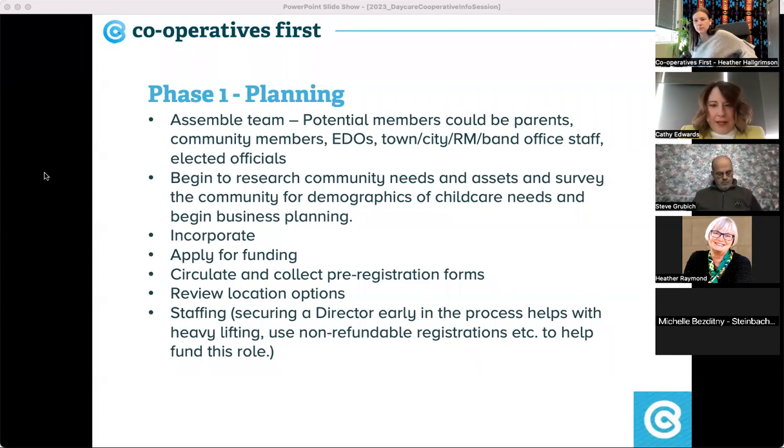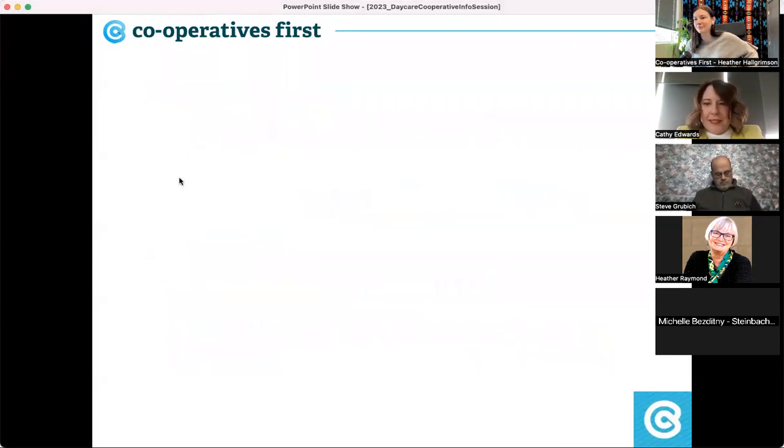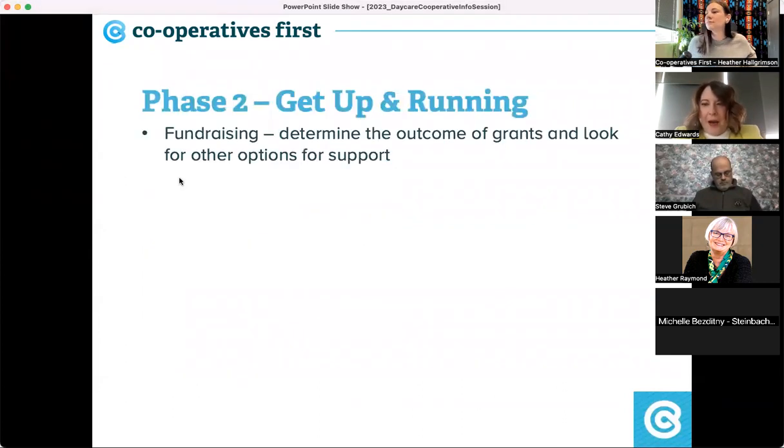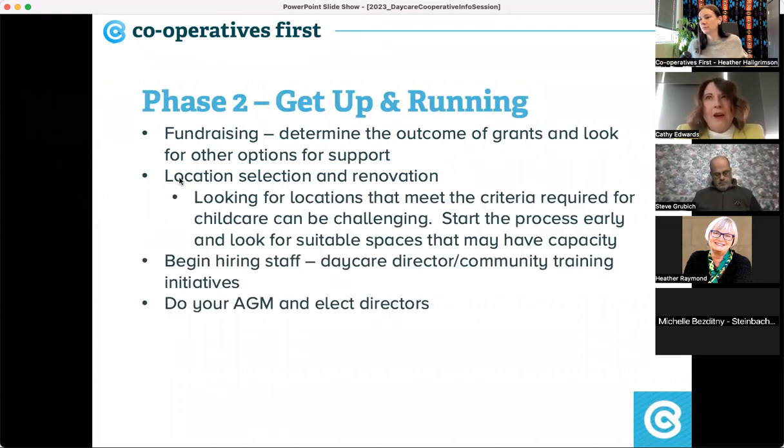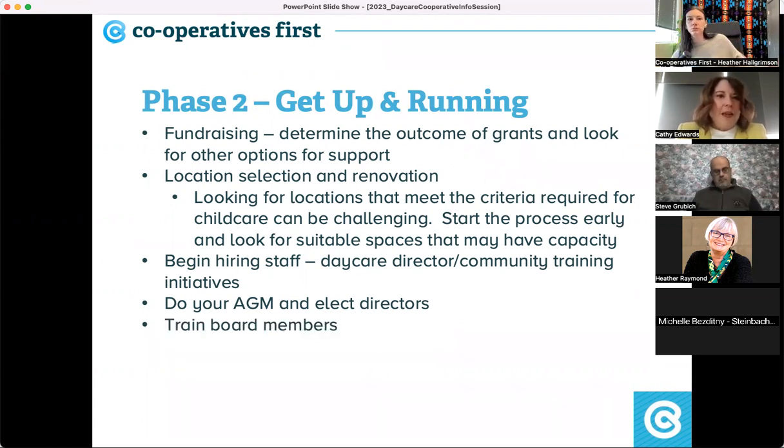So we can move on. The next phase is to get up and running. Again, your fundraising. There are a lot of grants available, but under every province, it's going to look different. In Saskatchewan, for example, there is very significant funding for startup if you can qualify and secure it.